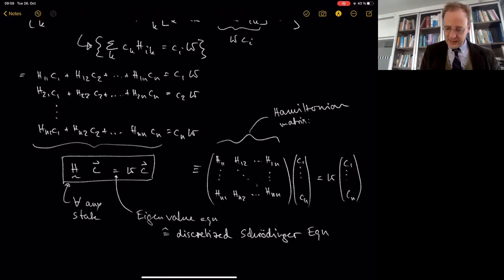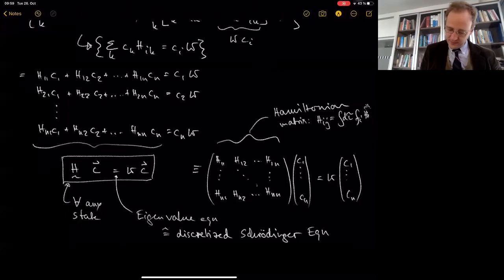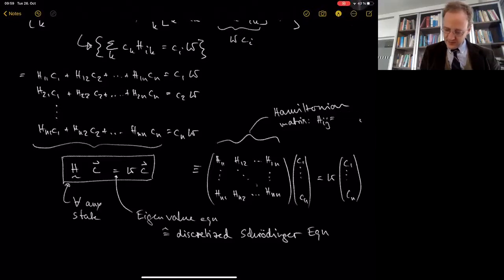Any element is, of course, your basis function i with the Hamiltonian. I don't know what's happening here.